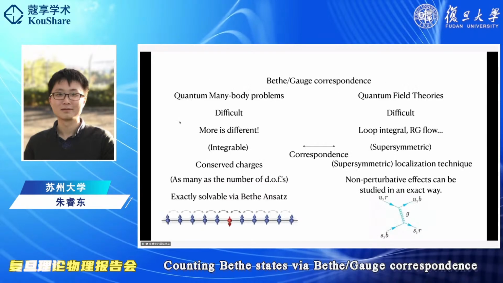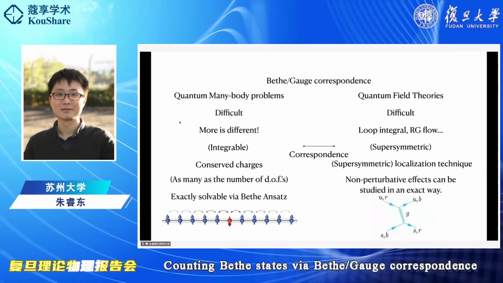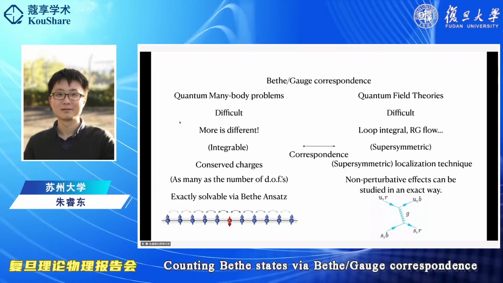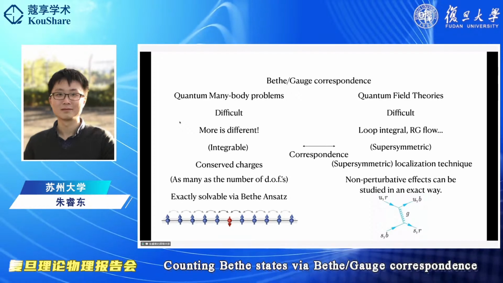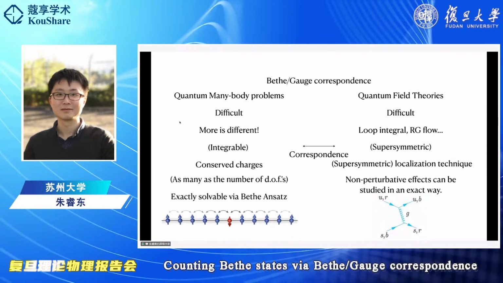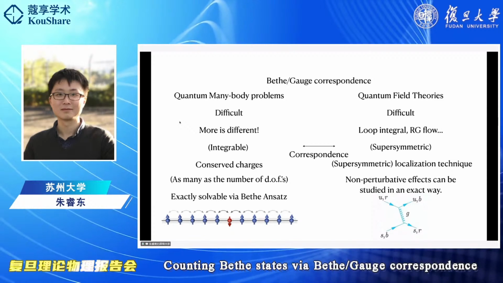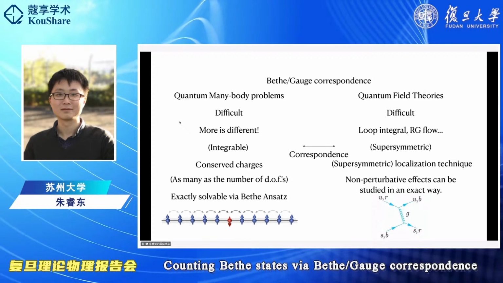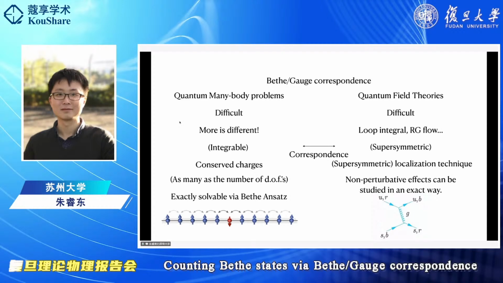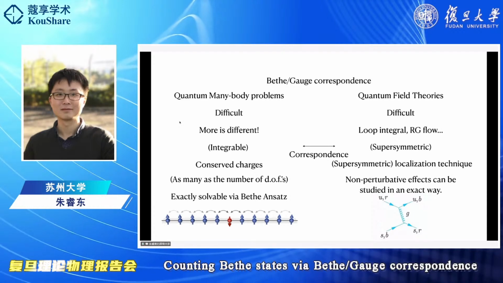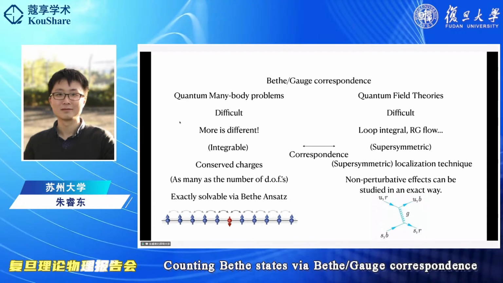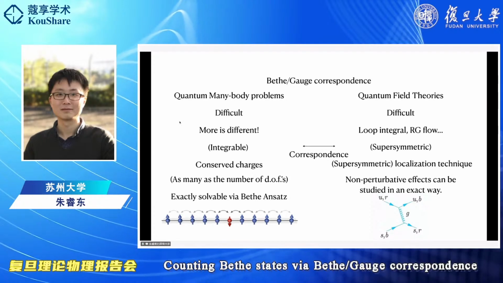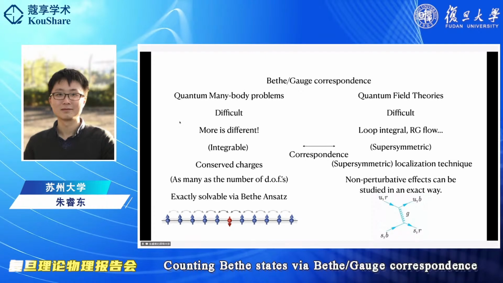So conceptually, it looks like this. We would like to consider this kind of correspondence, or duality, as we sometimes call it. We know that in general, it's difficult to solve quantum many-body problems, and also difficult to solve quantum field theories. But in some special cases, we could solve the systems in a very exact way.